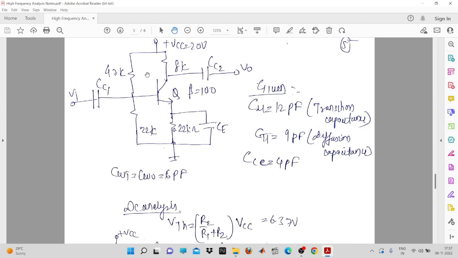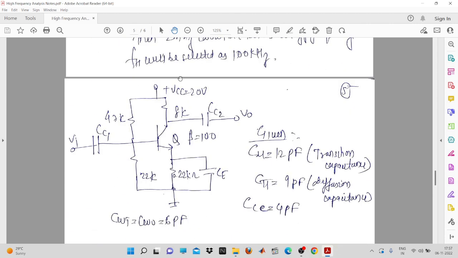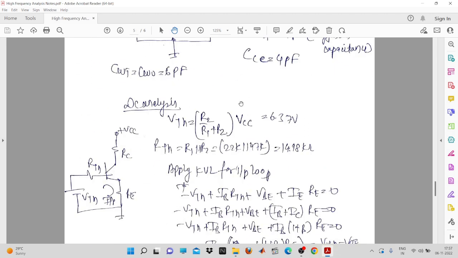So in that case, how are you going to solve this? If you have gone through the voltage divider network, and if you have done the analysis of the voltage divider circuitry, we have done some Thevenin type of voltage, and the Thevenin impedance was there. So how to calculate VTH and RTH? VTH will be equal to simply R2 upon R1 plus R2 into VCC, and you have obtained this value, that is 6.37 volt.